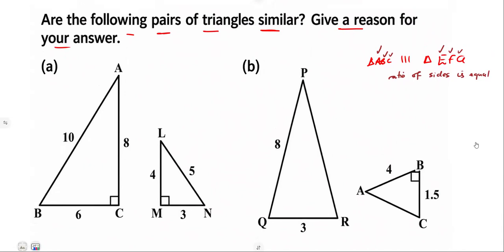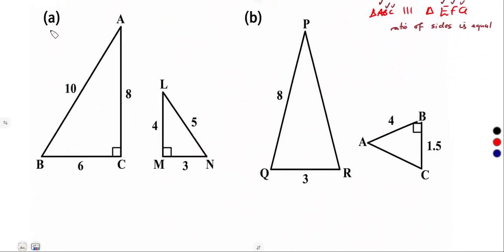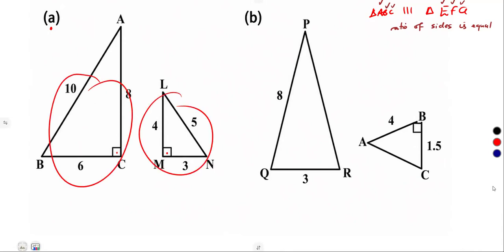Starting with the first one, the question is: are the following pairs of triangles similar? We are given the first triangle, triangle ABC, right angled at C. The second triangle is right angled at M, so there is a 90 degree angle there.